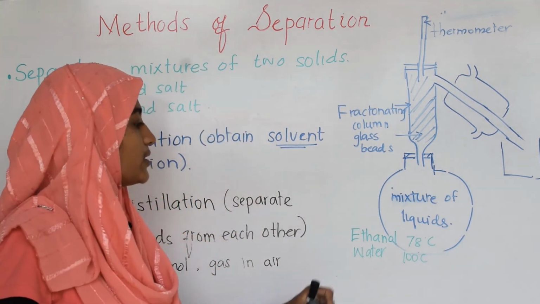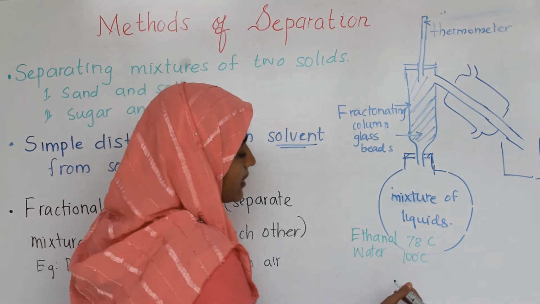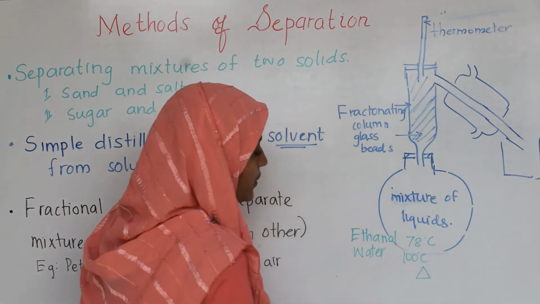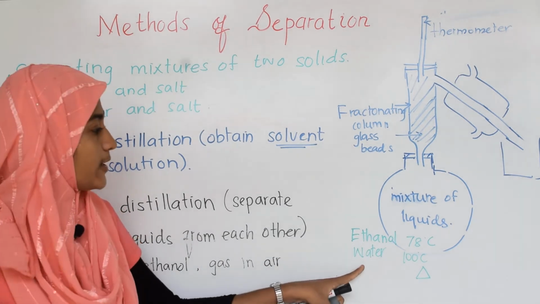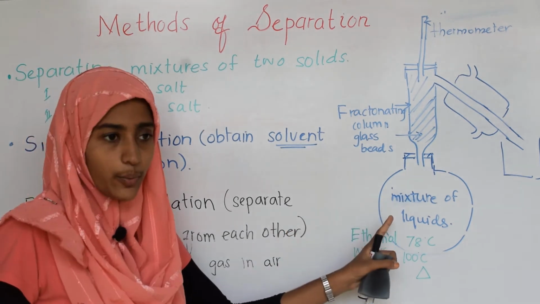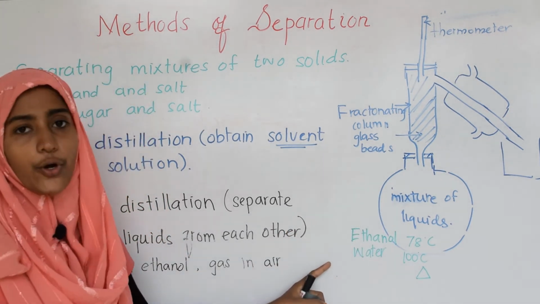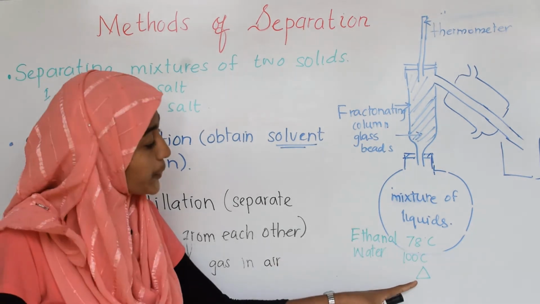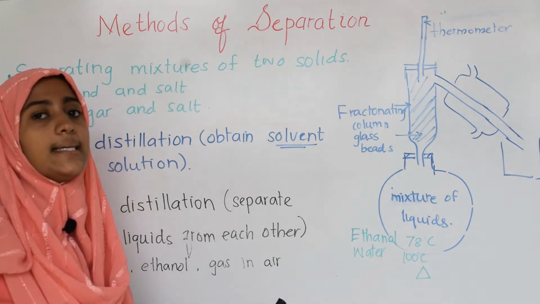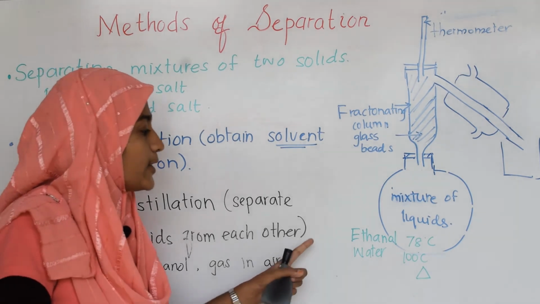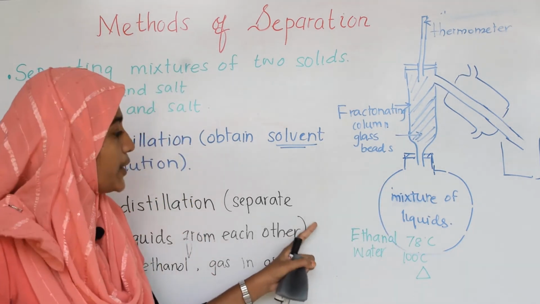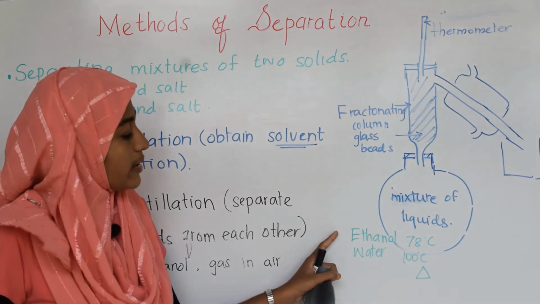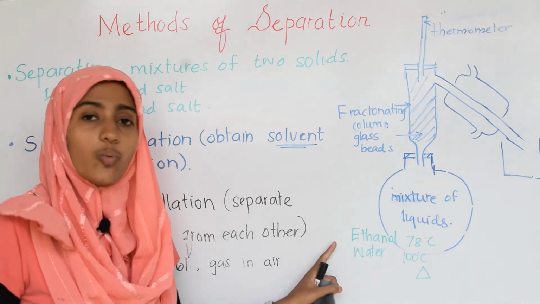So what happens is, when you heat this flask with the mixture of liquids, pay attention, in this case ethanol and water, certain particles from the mixture will evaporate. So it contains both ethanol vapor plus water vapor.